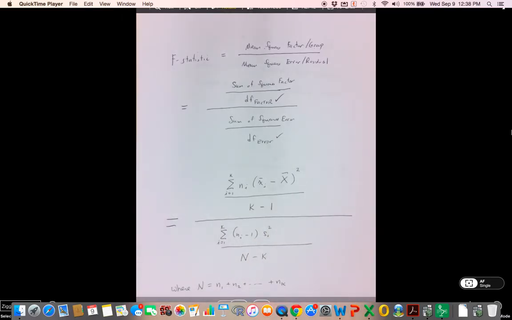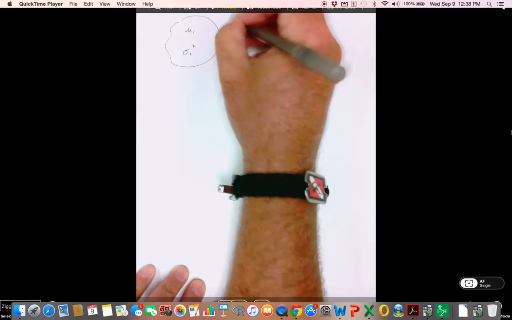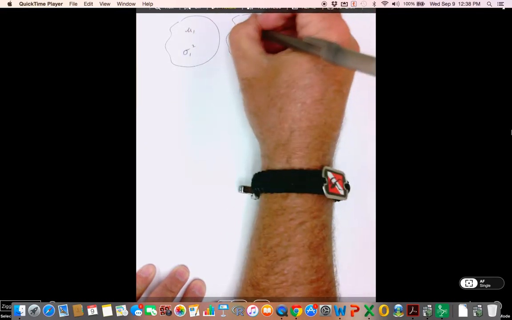So guys, for each of these populations that we're drawing from, let's just do the illustration again, just k equal 3.